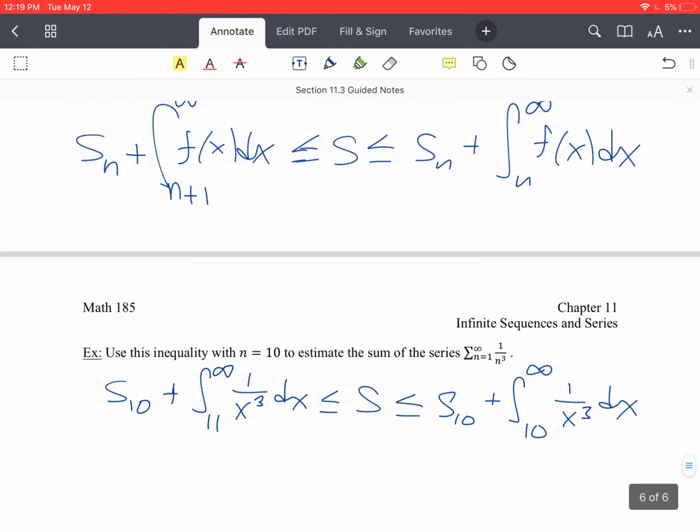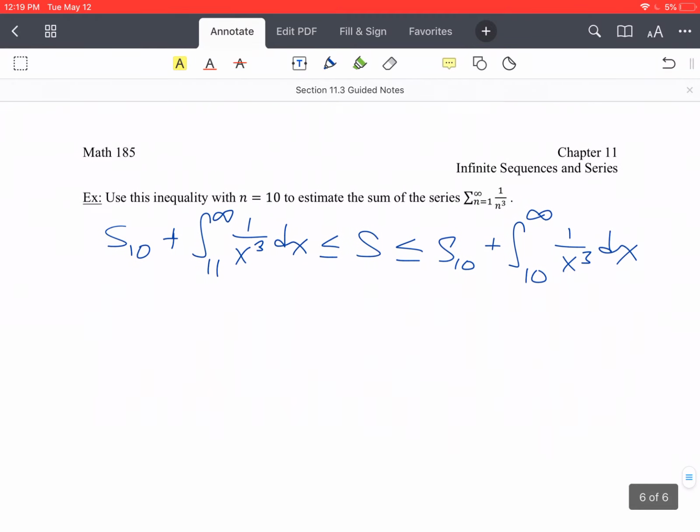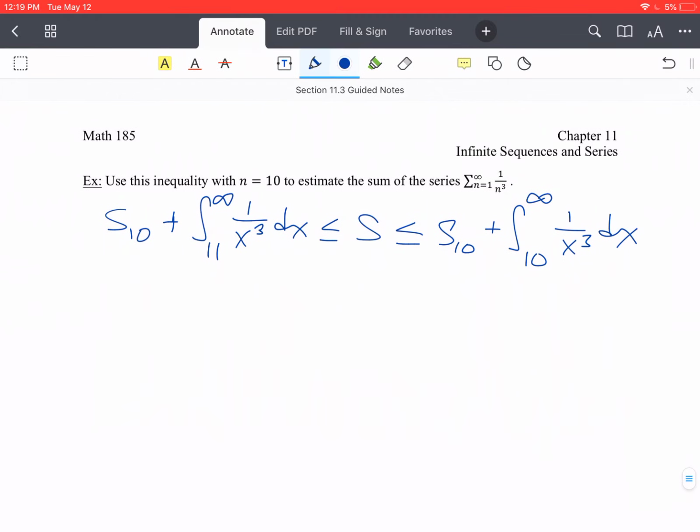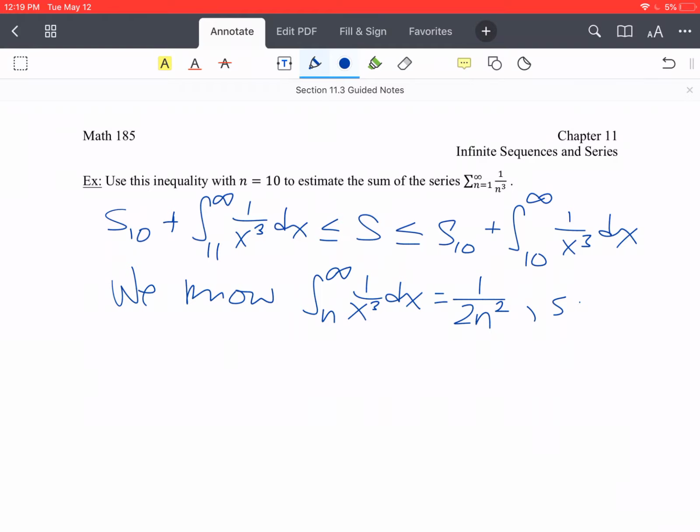All right. So we already know how to solve this integral, so we've already done it. So let's just make a note of that. We know the integral from n to infinity of 1 over x cubed dx equals 1 over 2n squared. So let's plug that in.